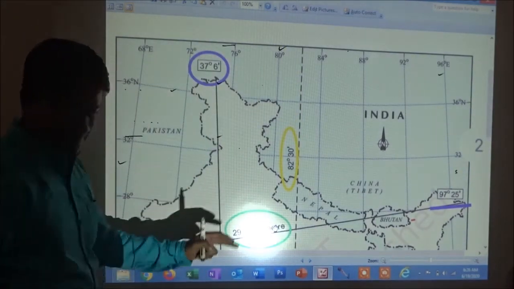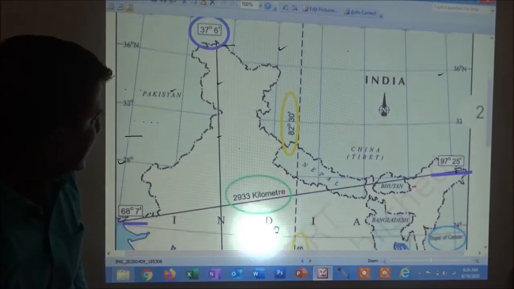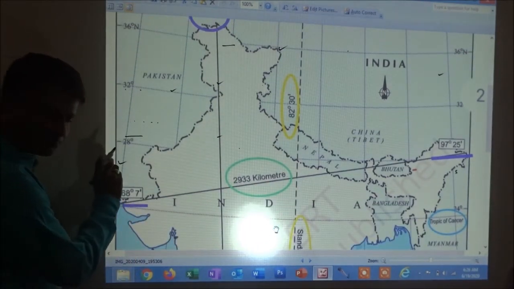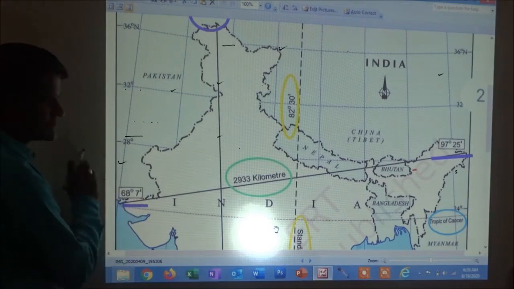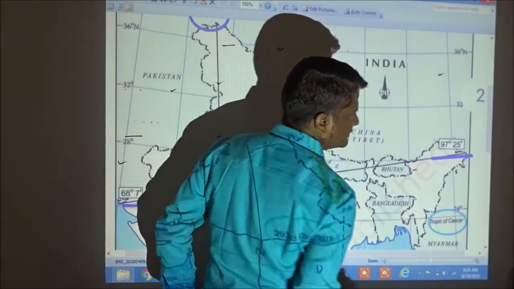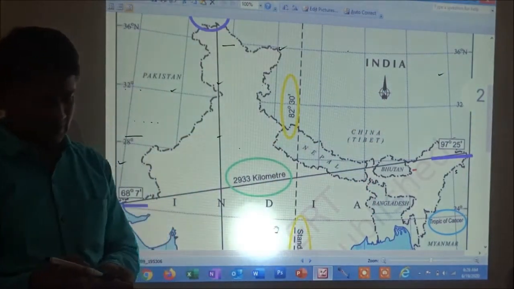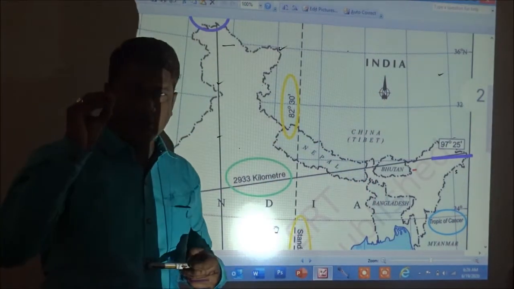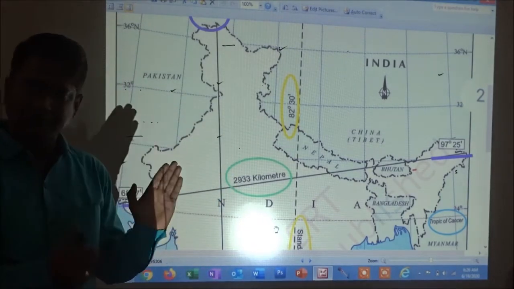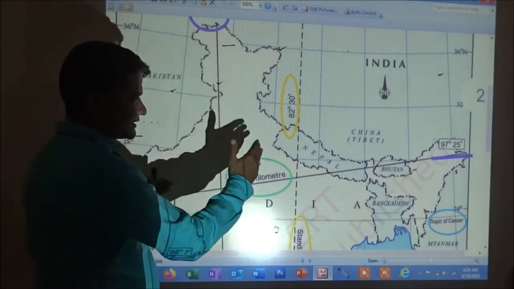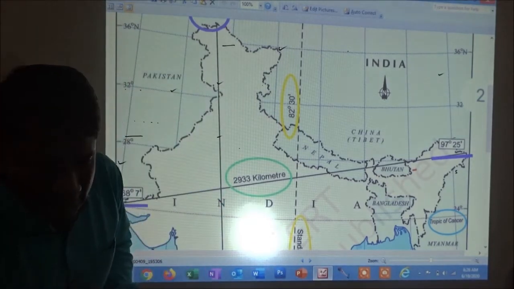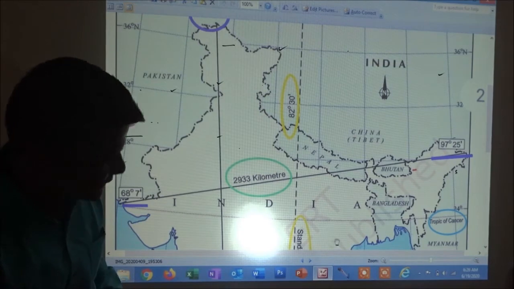Similarly, if we talk about longitude, it is from Gujarat at 68 degree 7 minute to Arunachal Pradesh at 97 degree 25 minutes. So whenever you learn the latitude and longitude extent of India, take help of the map and learn the same thing. Okay, now let's continue.